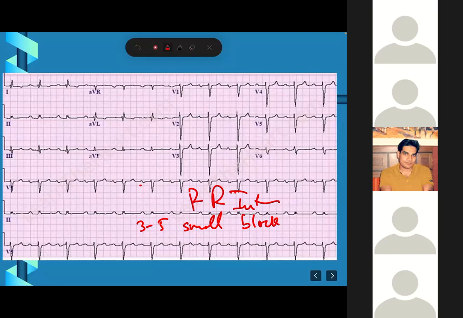It is measured from the start of the P wave to the start of the R wave. It is more than 5 blocks, so this is a prolonged PR interval. This is the ECG of a prolonged PR interval. It is the first degree AV block. We will discuss further what is first degree, second degree, and third degree, but this is the example of a prolonged PR interval.